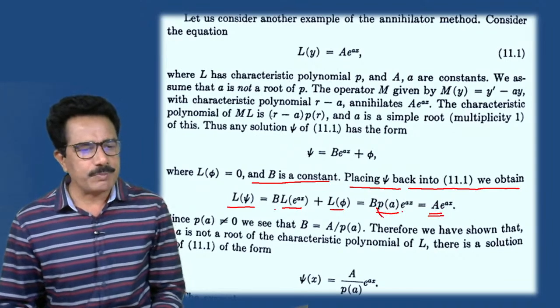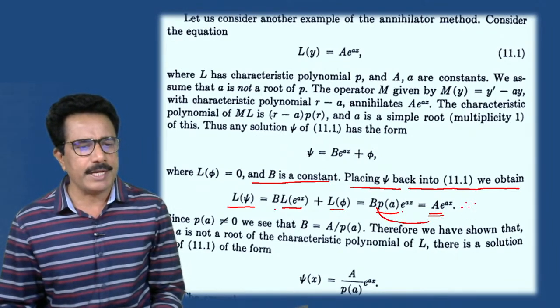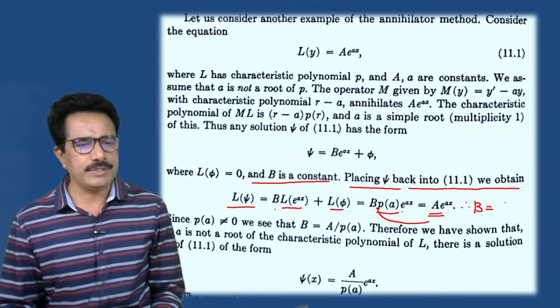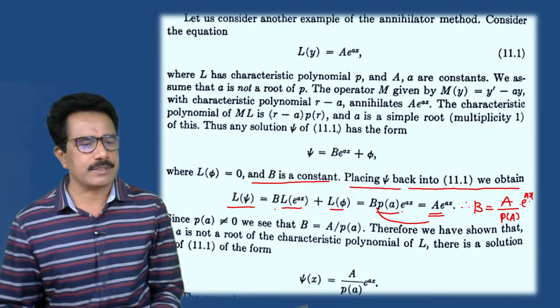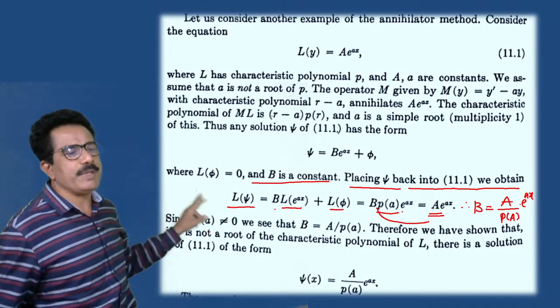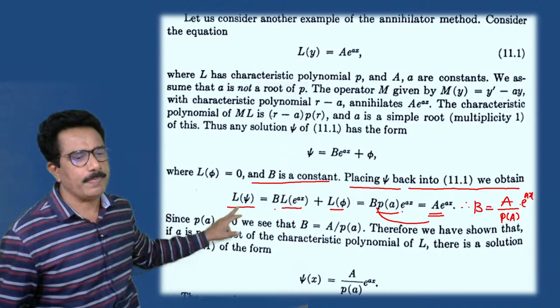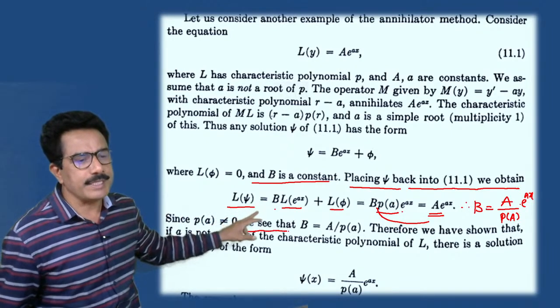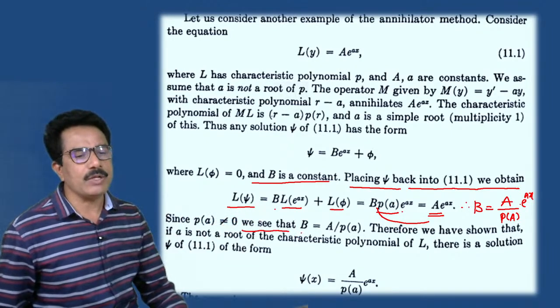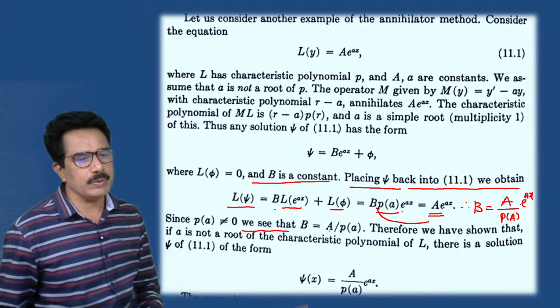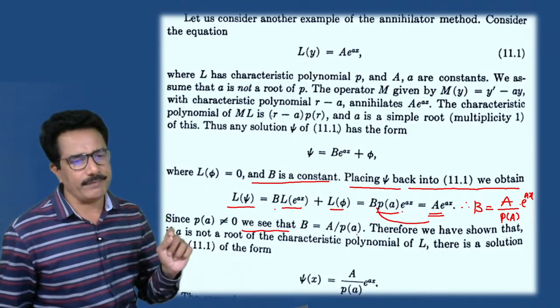So, replacing b on the left side, we get b equals A divided by p of a. Since p of a is not equal to 0, b equals A divided by p of a.